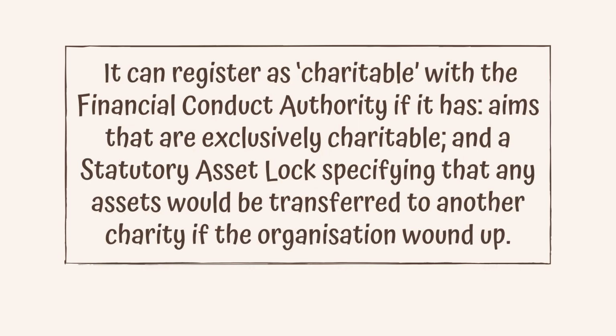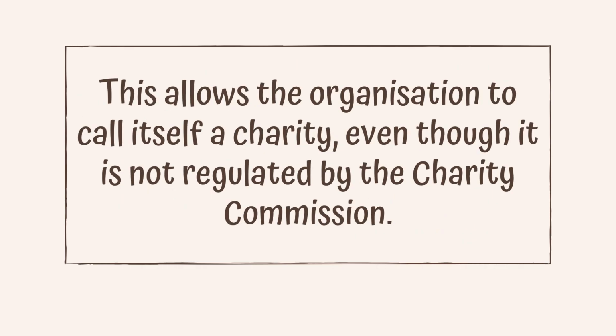It can register as charitable with the Financial Conduct Authority if it has aims that are exclusively charitable and it has a statutory asset lock, specifying that any assets would be transferred to another charity if that organisation wound up.